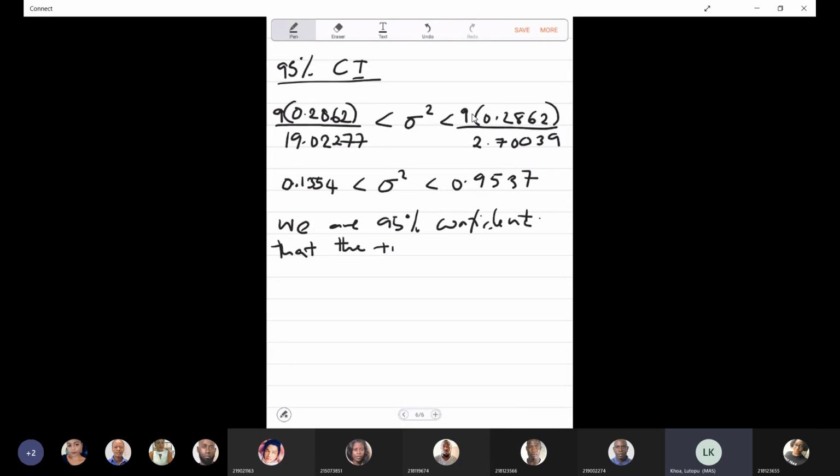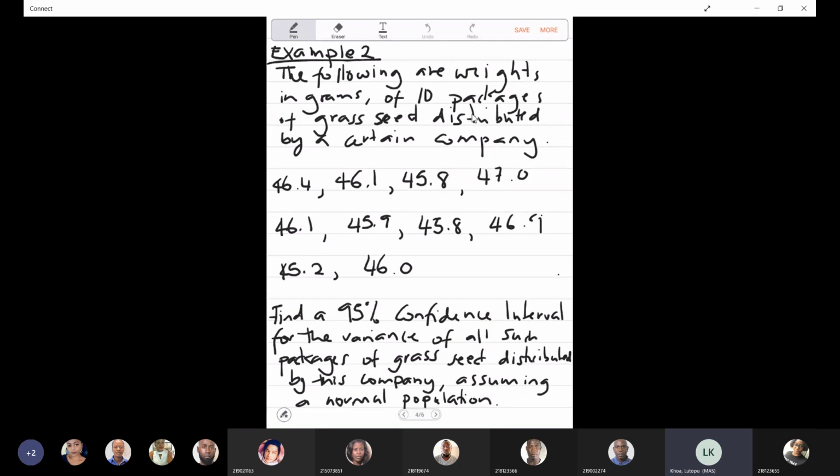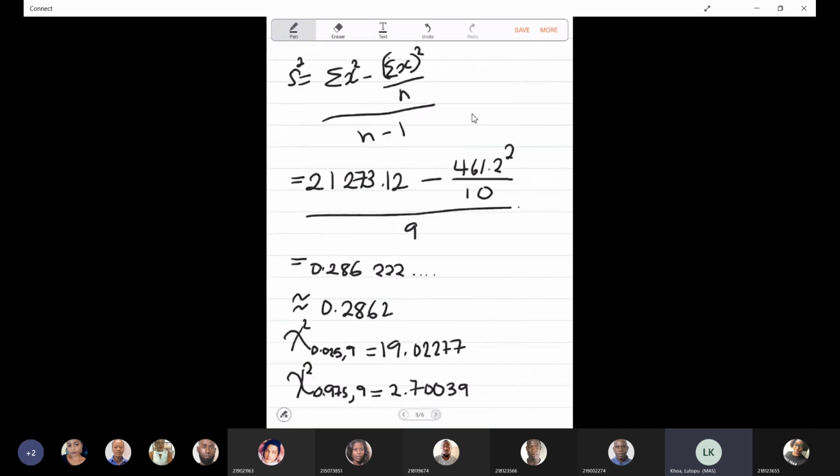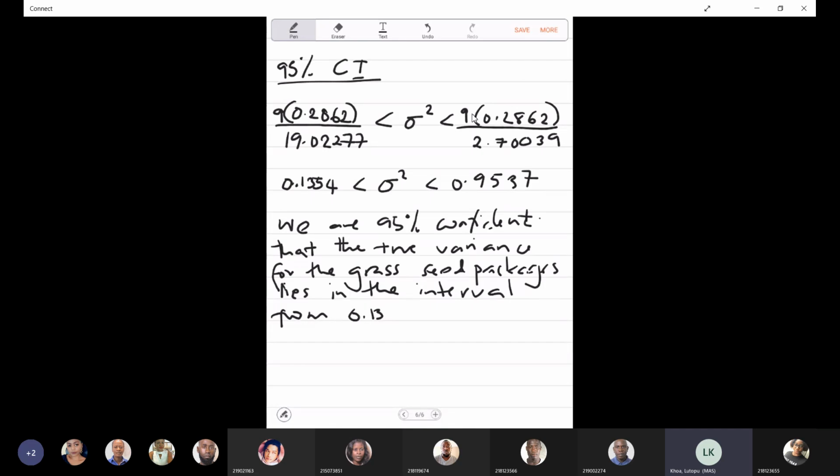Then again, you write a statement and say we are 95% confident that the true variance for the grass seed packages lies in the interval from 0.1354 to 0.9537.